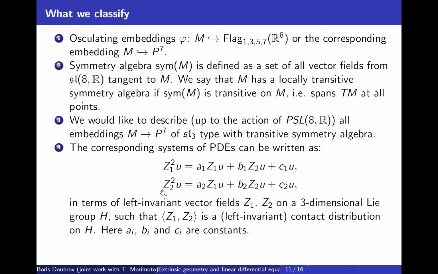So Z1 and Z2 are left invariant vector fields, they span a contact distribution, and we can now assume that all coefficients are constants.